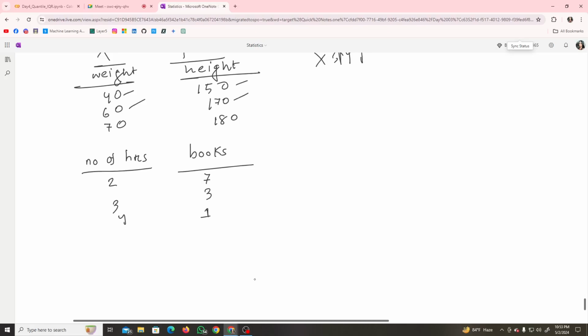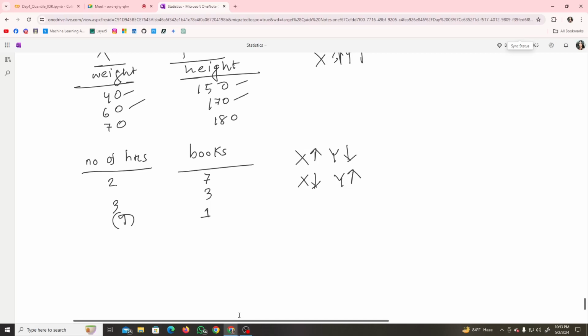You see, the value of x is increasing, but the value of y is decreasing. Or similarly, if you start from here, the value of x is decreasing and the value of y is increasing.